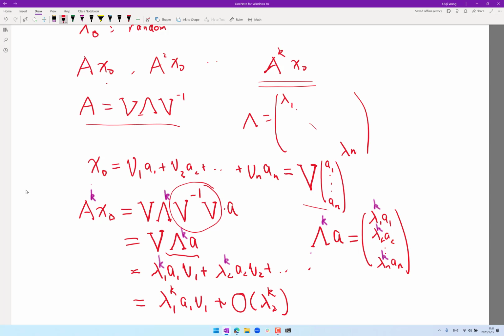Because everything other than the first term is either on the order of lambda 2 to the kth power or smaller. So the big O notation is exactly designed to represent that.